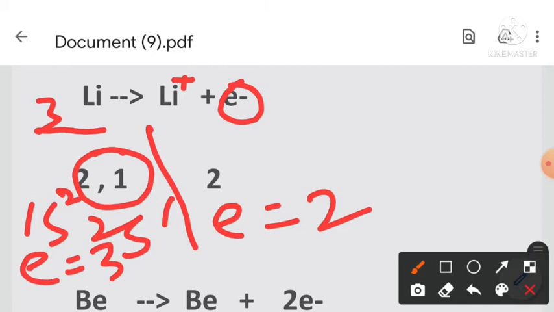In this way, lithium is a metal chemically.